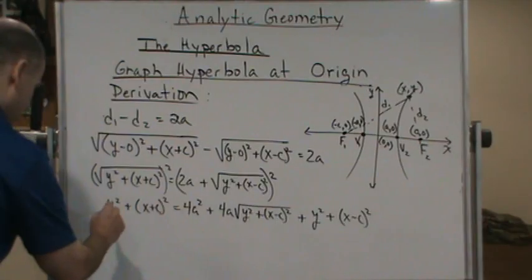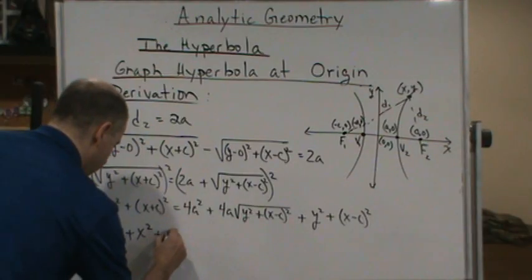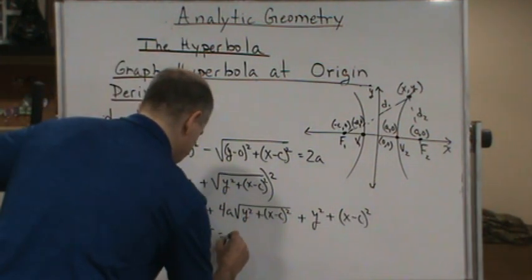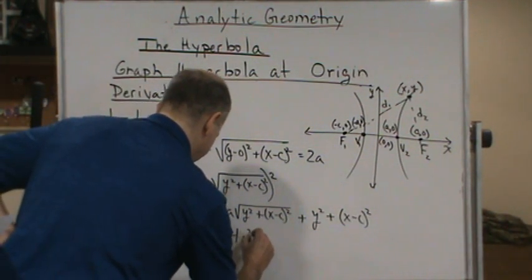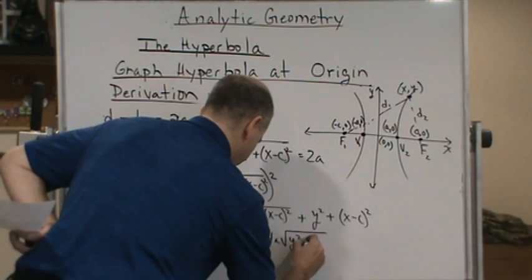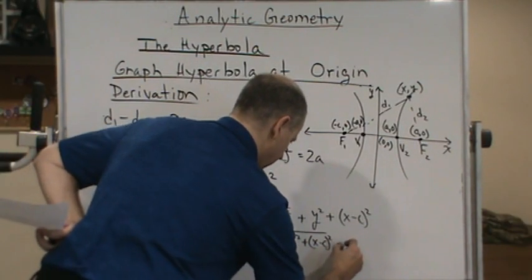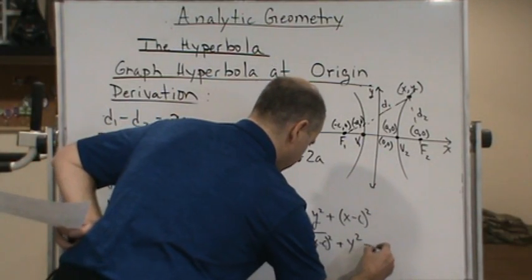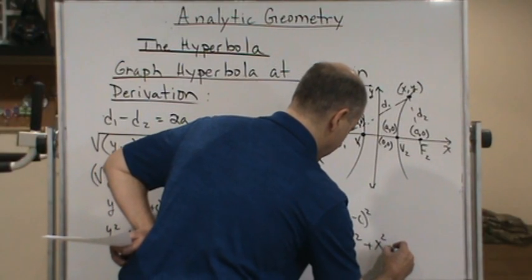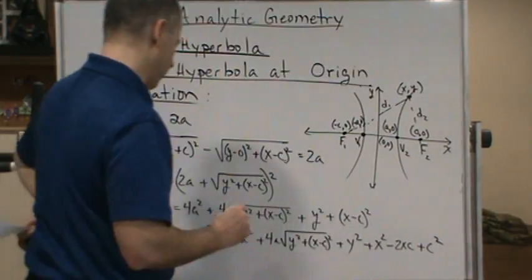Okay, so now what I'm going to do is expand this out. So this is going to give me y squared plus x squared plus 2xc plus c squared is equal to 4a squared plus 4a times the square root of y squared plus the quantity x minus c squared, plus y squared plus, now I'm going to expand this out, x squared minus 2xc plus c squared.